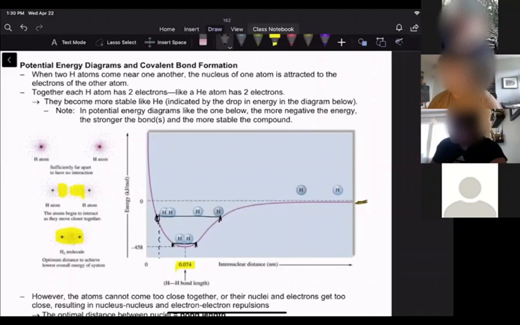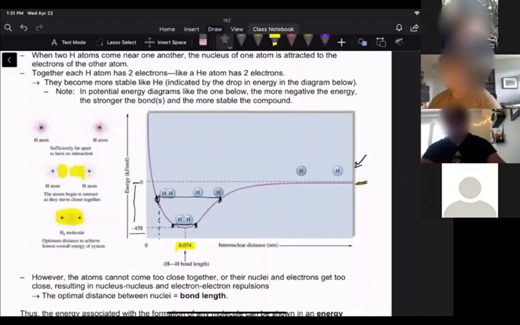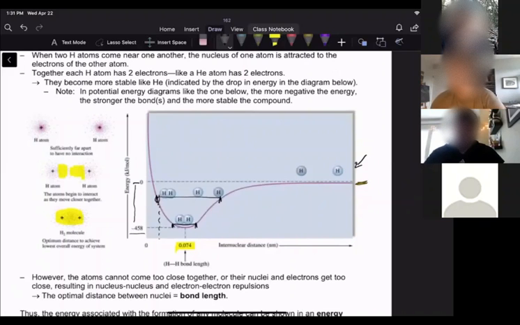So if we were to add enough energy, all of this right here, the bond energy, that would take our molecule and give it enough energy to separate the atoms back to their individual atoms from the bond. So this is also an energy diagram. It shoots way up to infinity because they can't actually occupy the same space. So that matches the physical reality as well.